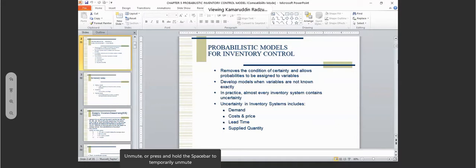And we continue with the next chapter on the probabilistic model for inventory control, where we remove some of the basic assumptions in the economic order quantity to represent more realistic inventory control, and allow probabilities to the variables.